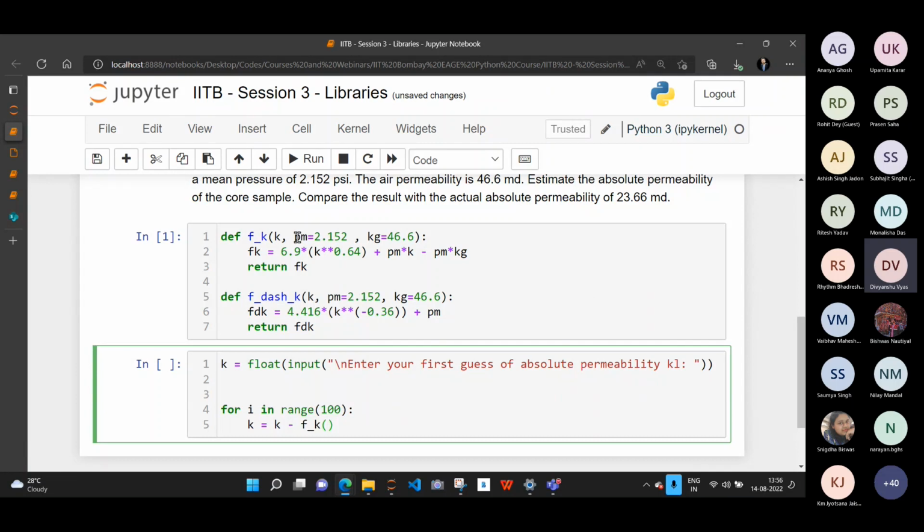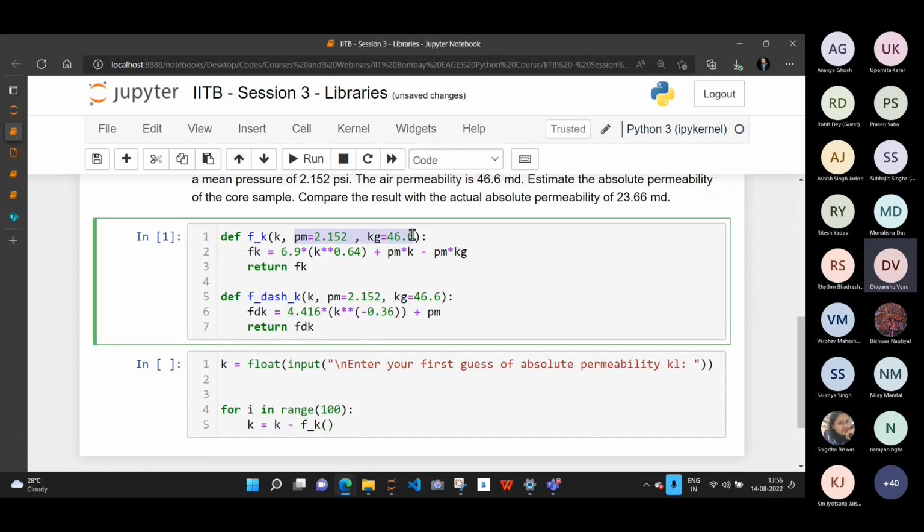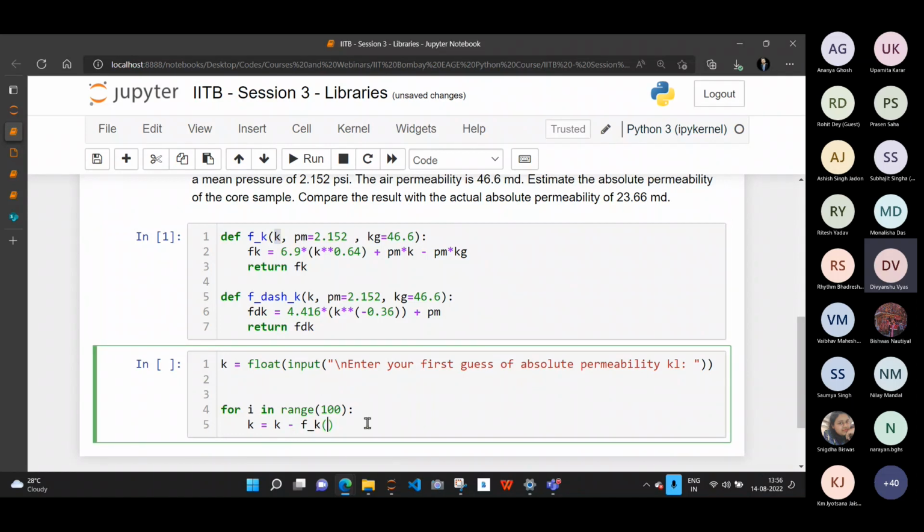Remember, in the functions lecture, we talked about the minimum number of arguments this function needs. Because two of them are default arguments, we only need to provide one value. So let's provide k only, divided by f dash k of k only. Okay, now we will run this.